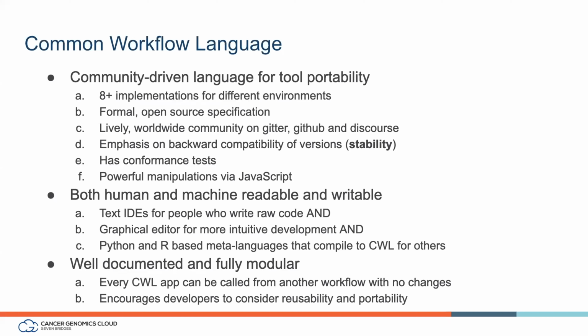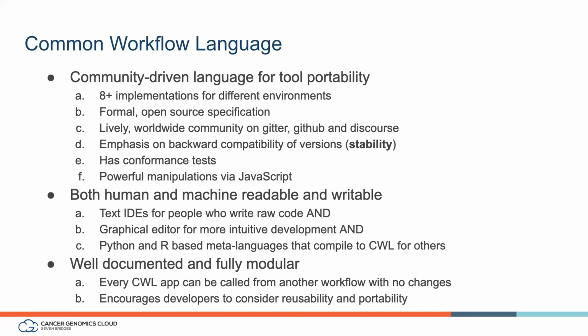It's not just bioinformatics. It's many, many different fields. It's totally open source. So it's a very wide community, and it's very well documented. There's a lot of resources for it. In terms of using CWL, there are a number of different ways to do this as well.